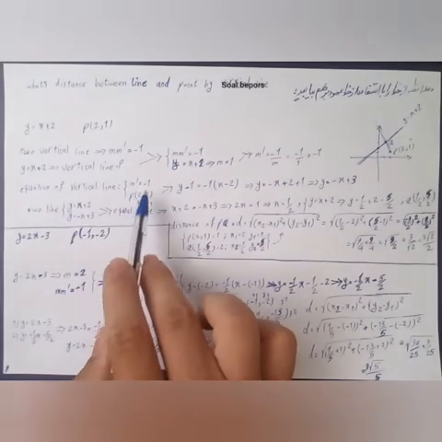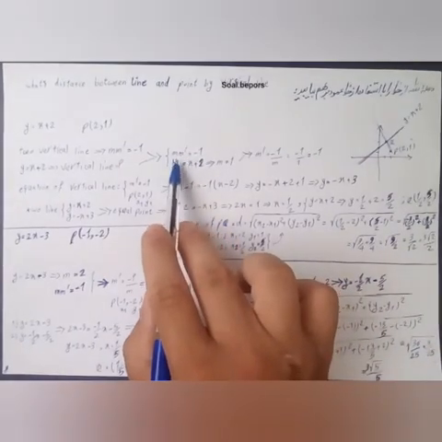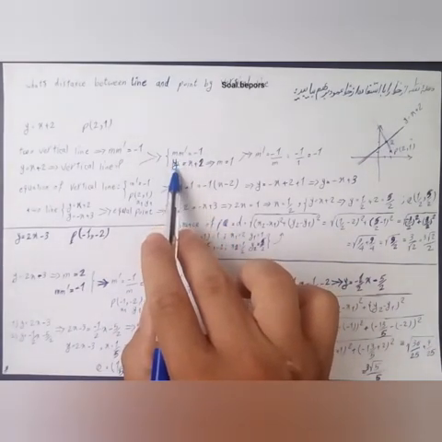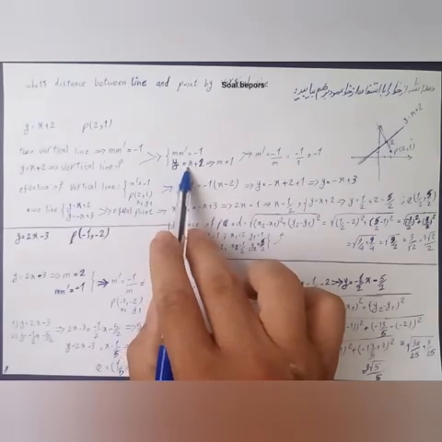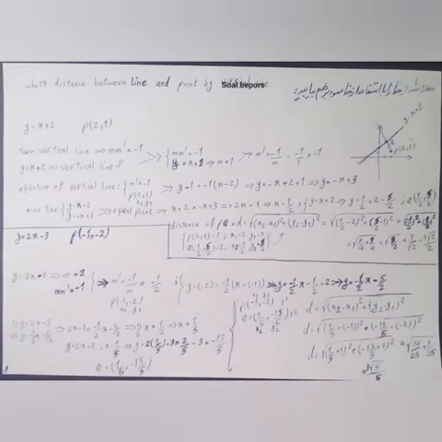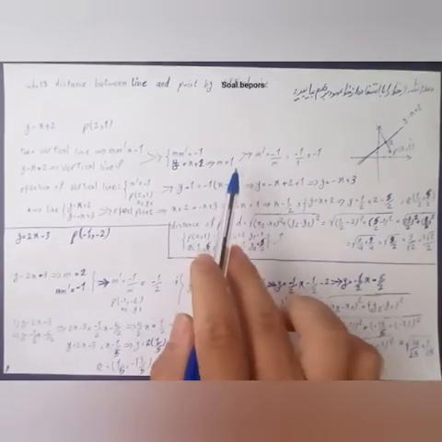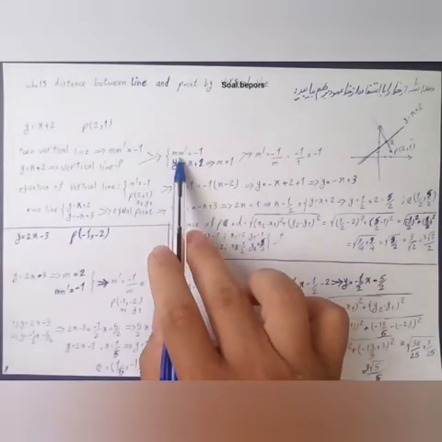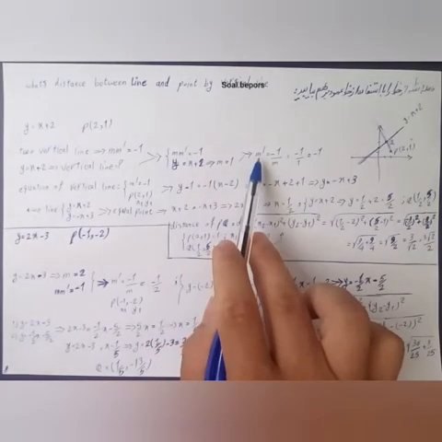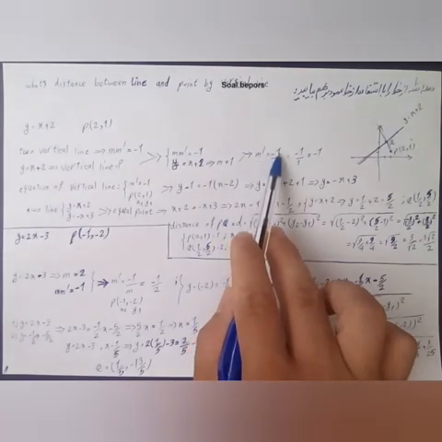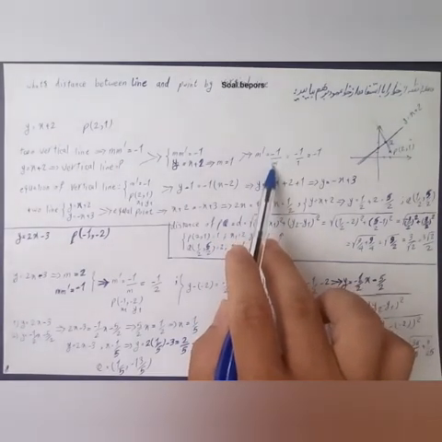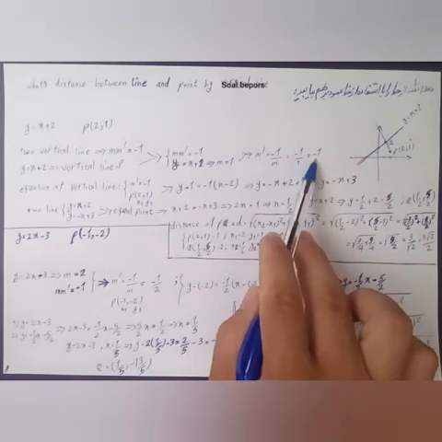The slope of f(x) is 1 because it is the coefficient of x. So the slope of the perpendicular line is -1 divided by the slope of f(x), that is -1.